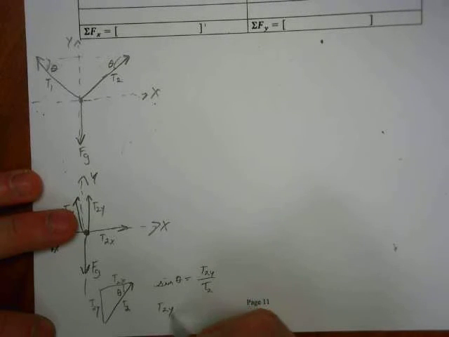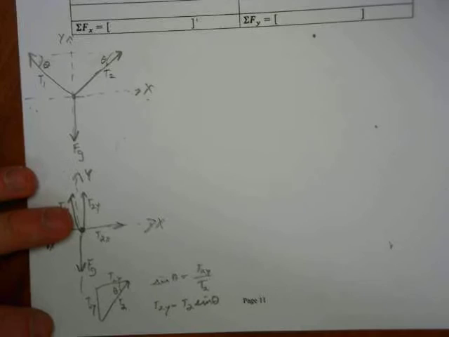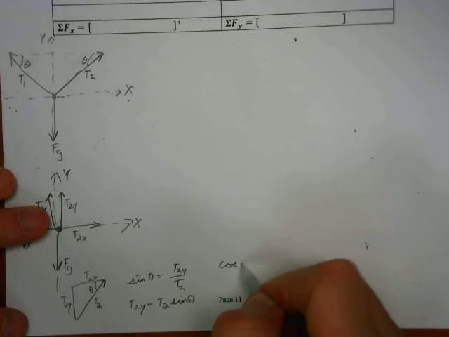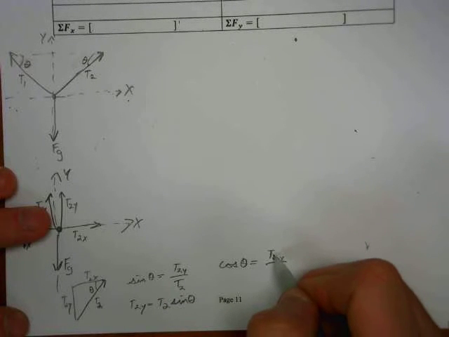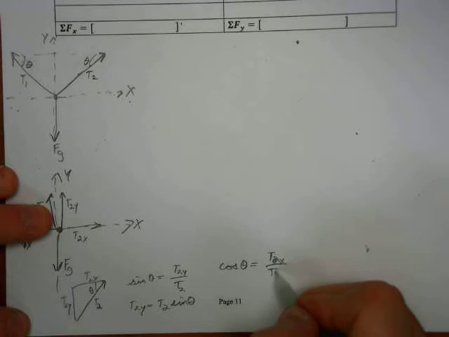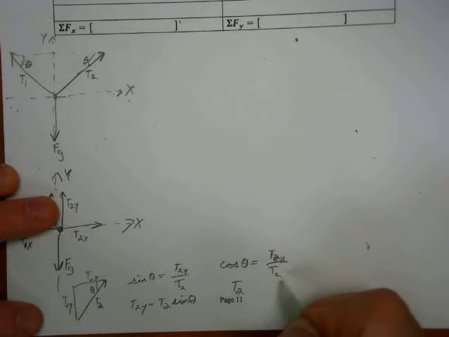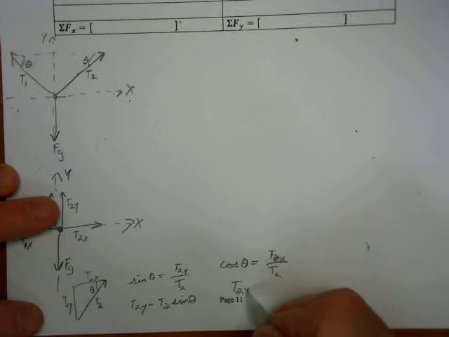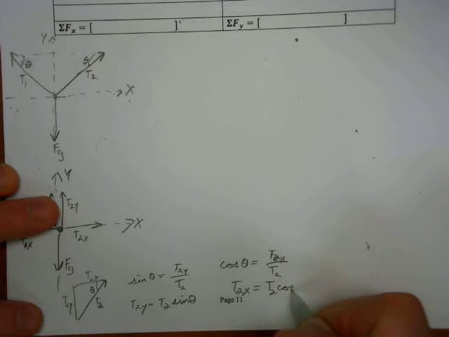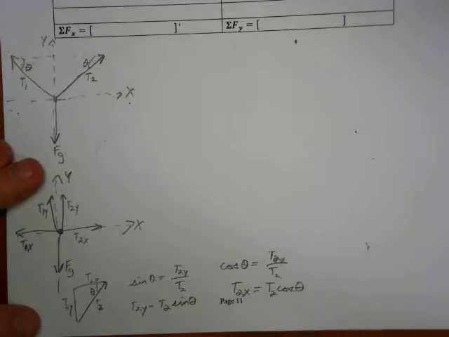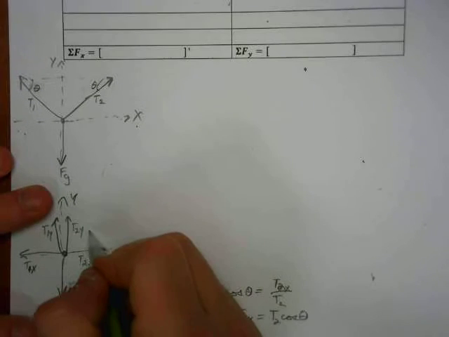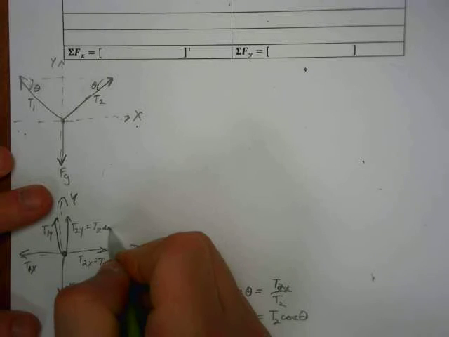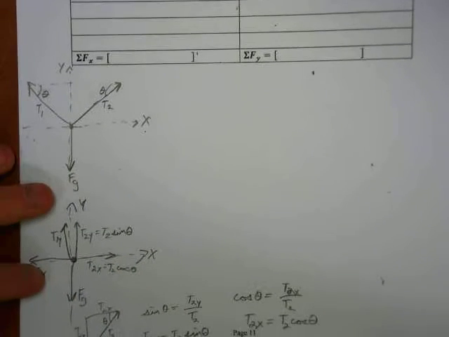So T2y equals T2 sine of theta. Continuing on, cosine of theta is equal to the adjacent to that angle, T2x, over the hypotenuse, T2. I meant T2x. T2x equals T2 cosine of theta. So I can put that up here. T2 cosine theta. T2y equals T2 sine of theta. Okay?